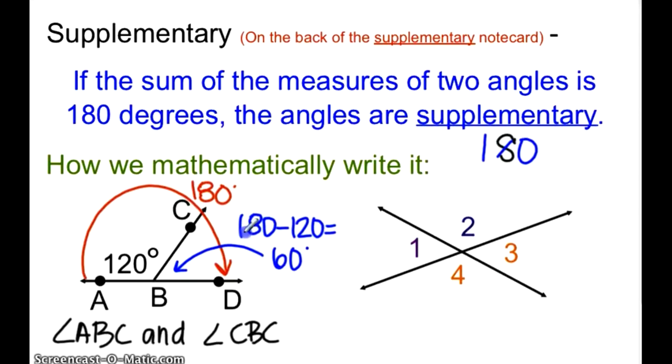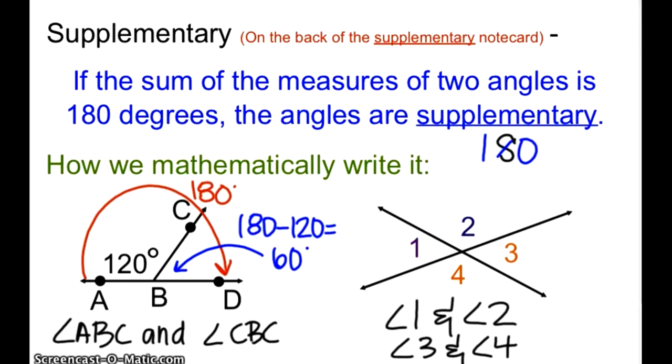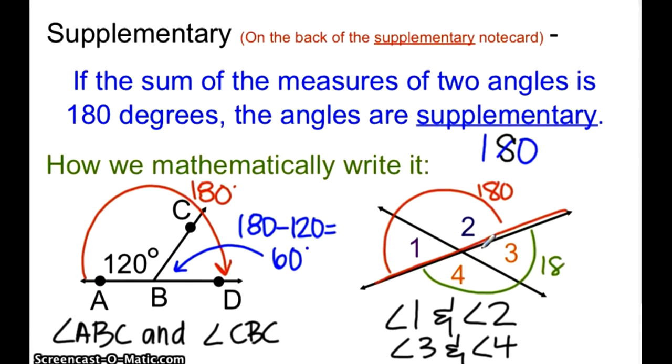And the second example, angle 1 and angle 2 are supplementary. That's why they're the same color. Angle 4 and angle 3 are supplementary. So when it asks for 2 pairs of supplementary angles, you're going to list them. Angle 1 and angle 2 are supplementary because they share this line right here. This equals 180. Also, this line on this side equals 180.